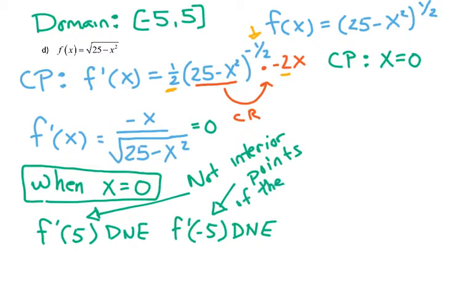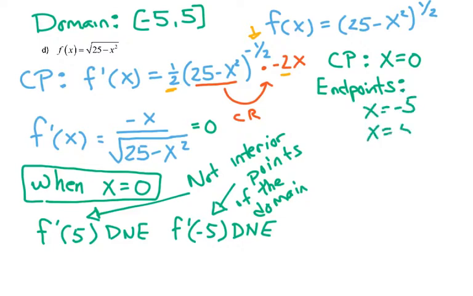But they are important when we're looking for extreme values, because we have endpoints of our domain and we want to check them. They're x equal negative 5 and x equal 5. So we have to keep that in mind.